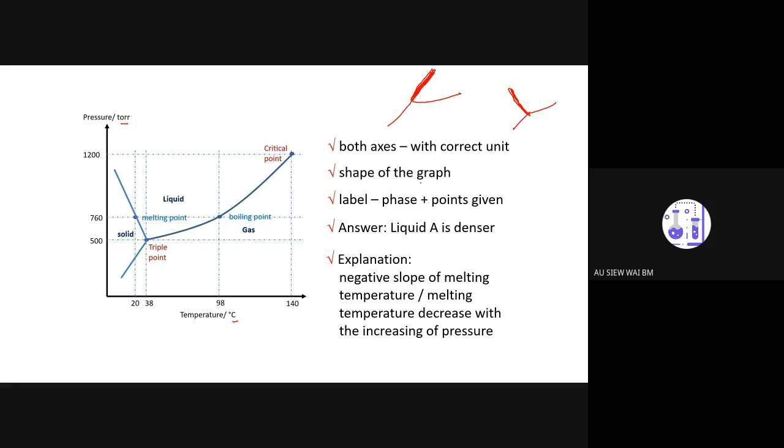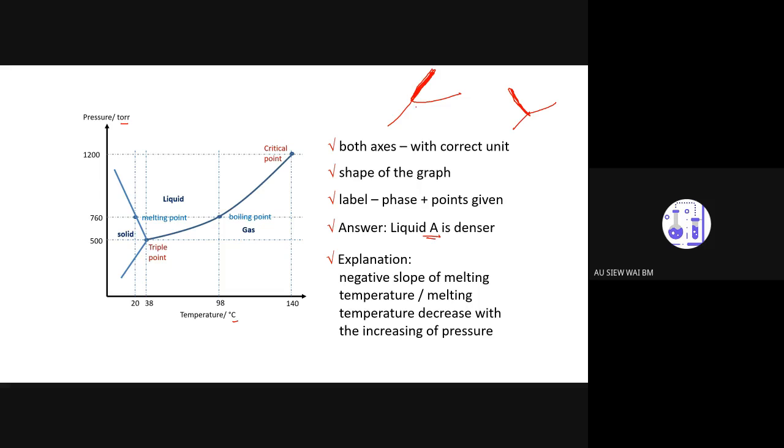This one shape of the graph and then label. Mesti label phase and then label semua points yang given. All the given point mesti label. After that they give you answer. They ask you liquid air denser or the solid air denser kan. So from this one tengok mana yang menentukan denser.